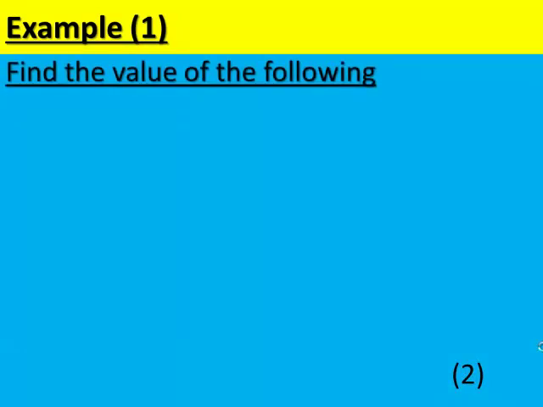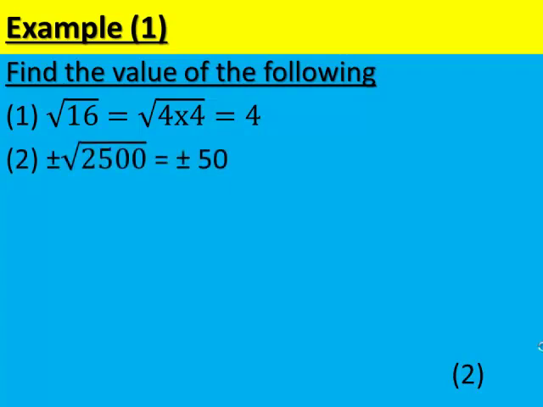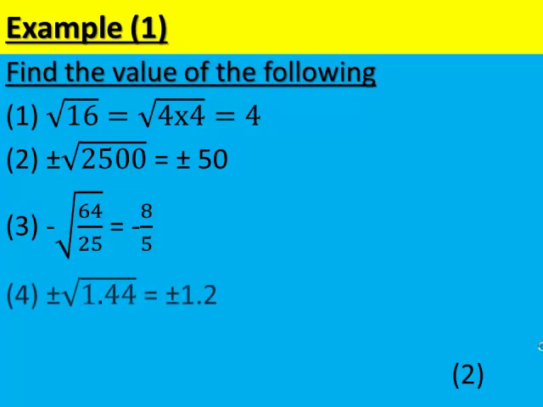Find the value of the following. Number 1, square root of 16 equals 4. Number 2, positive or negative square root of 2500 equals positive or negative 50. Number 3, negative square root of 64 over 25 equals negative 8 over 5.